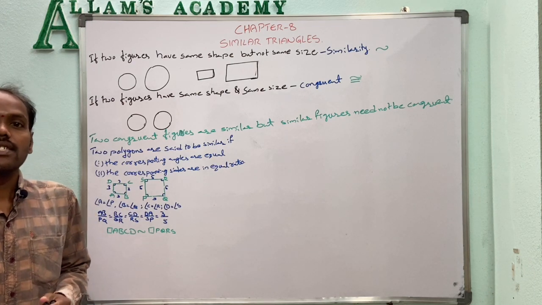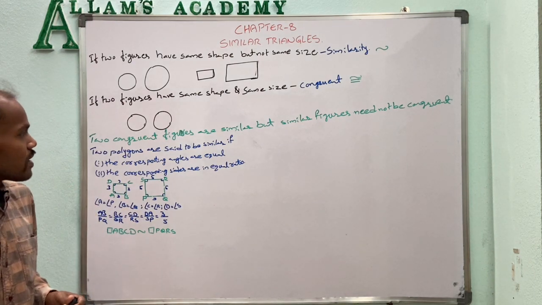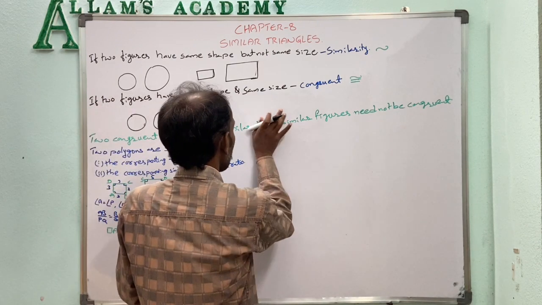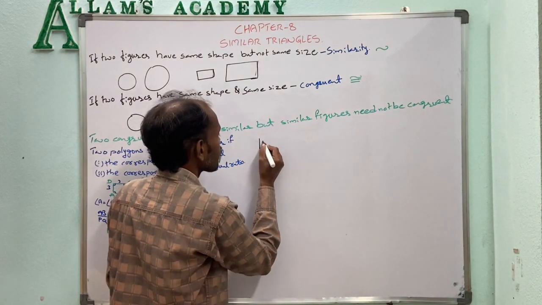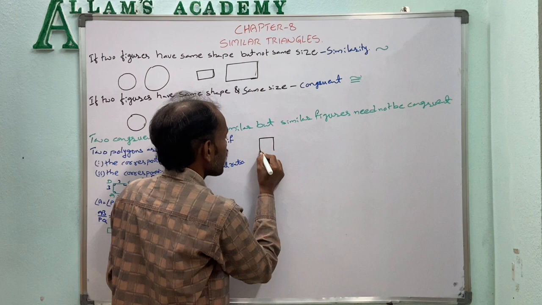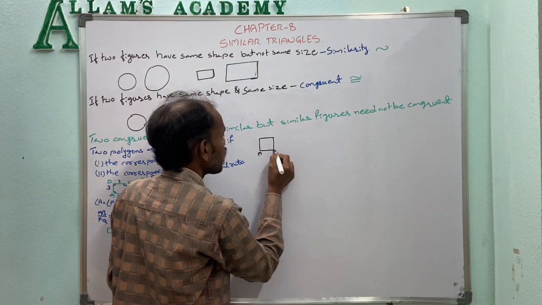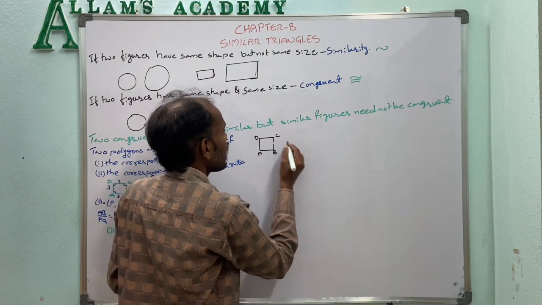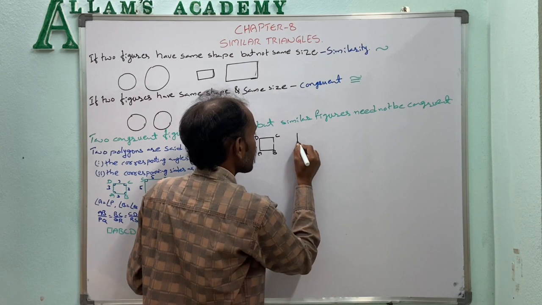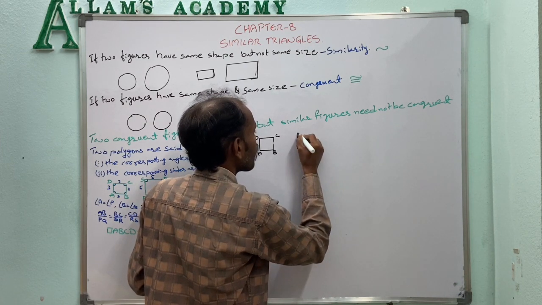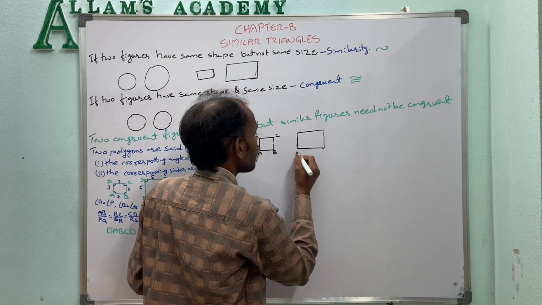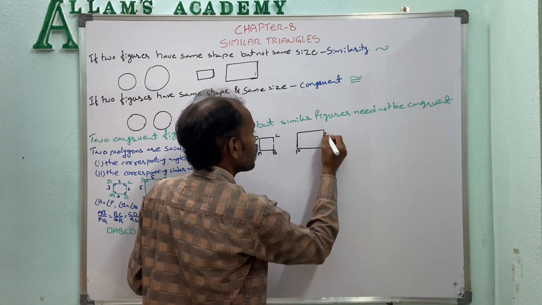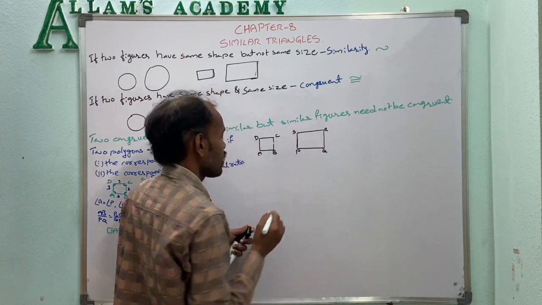Now if we take a square and a rectangle, let us check whether they are similar or not. Take a square ABCD and a rectangle PQRS.